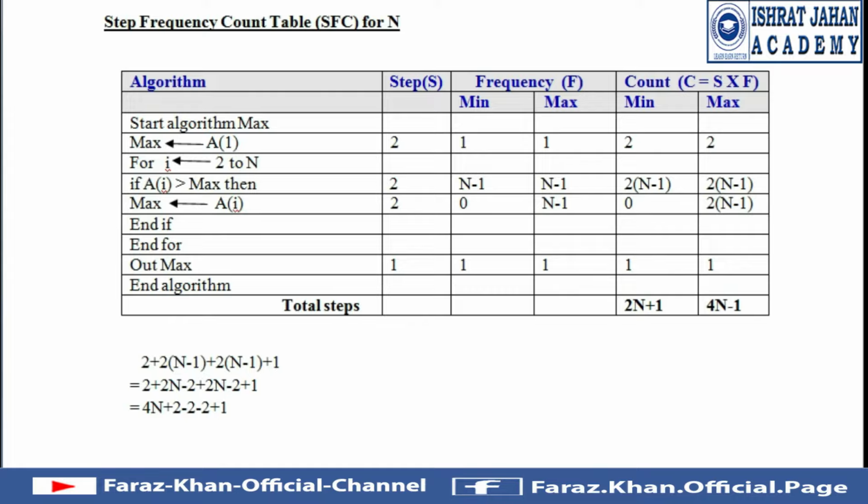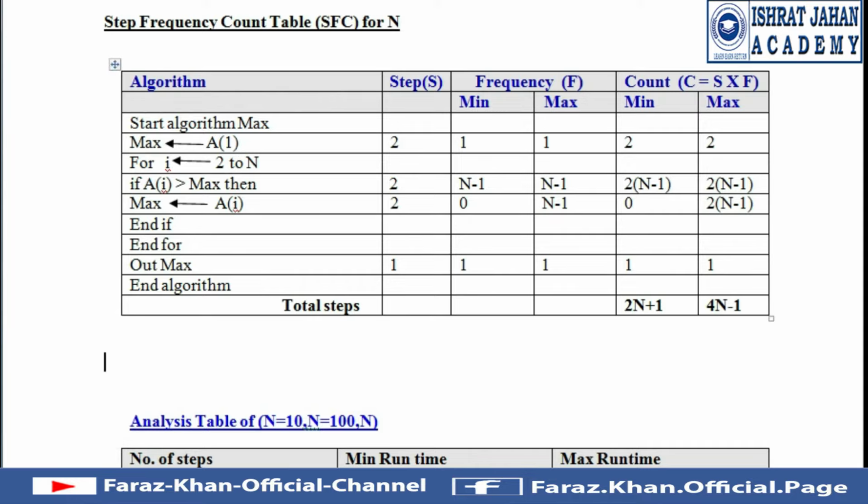I can cancel plus 2 and minus 2, and it will become 4n minus 2 plus 1. Now 4n minus 1. So after adding the following steps, it will become 4n minus 1. I hope you have understood.